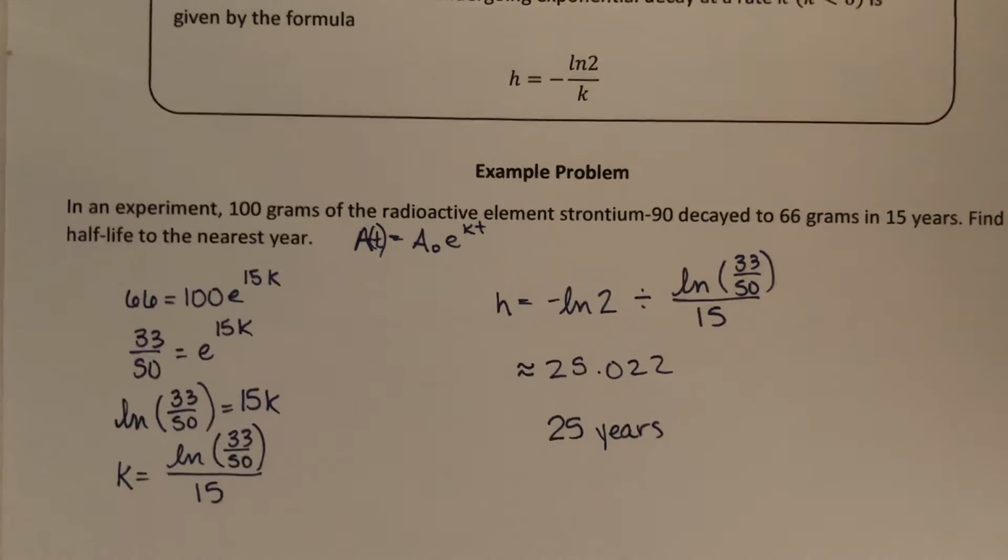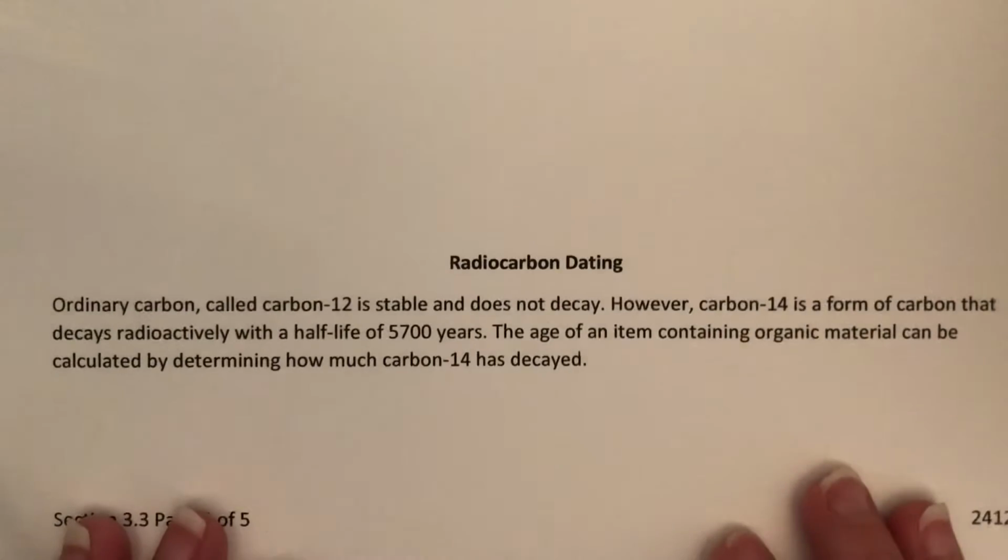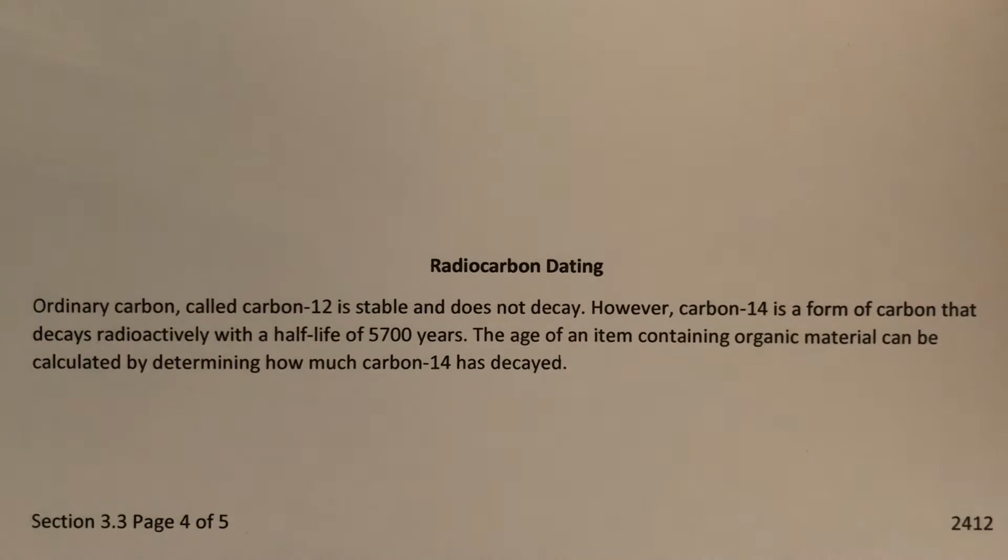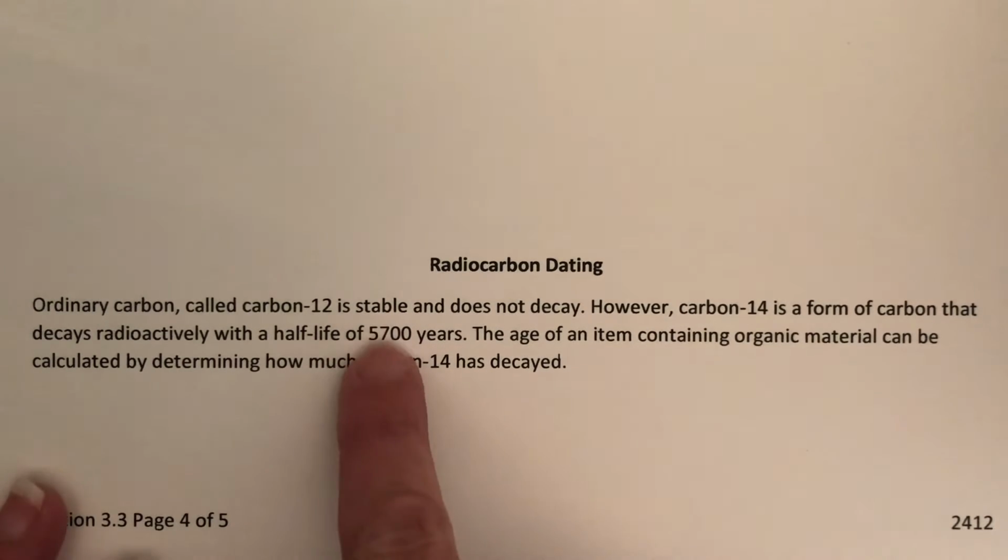And then one of the most common uses for logarithms is radiocarbon dating. Ordinary carbon, which is called carbon-12, is stable and does not decay. But carbon-14 is a form of carbon that decays radioactively with a half-life of 5,700 years.